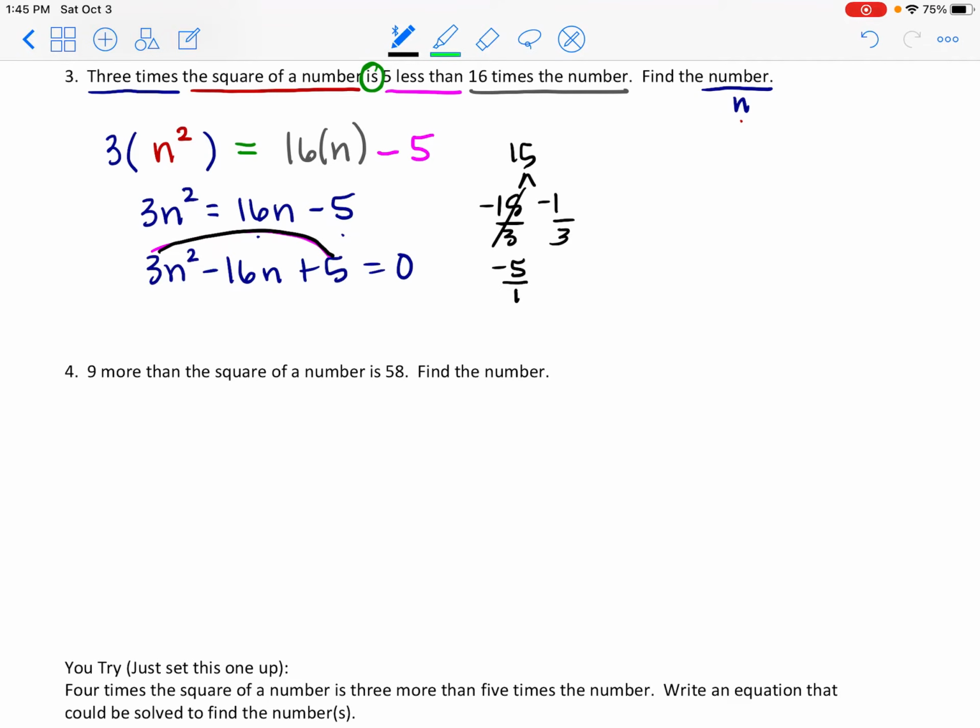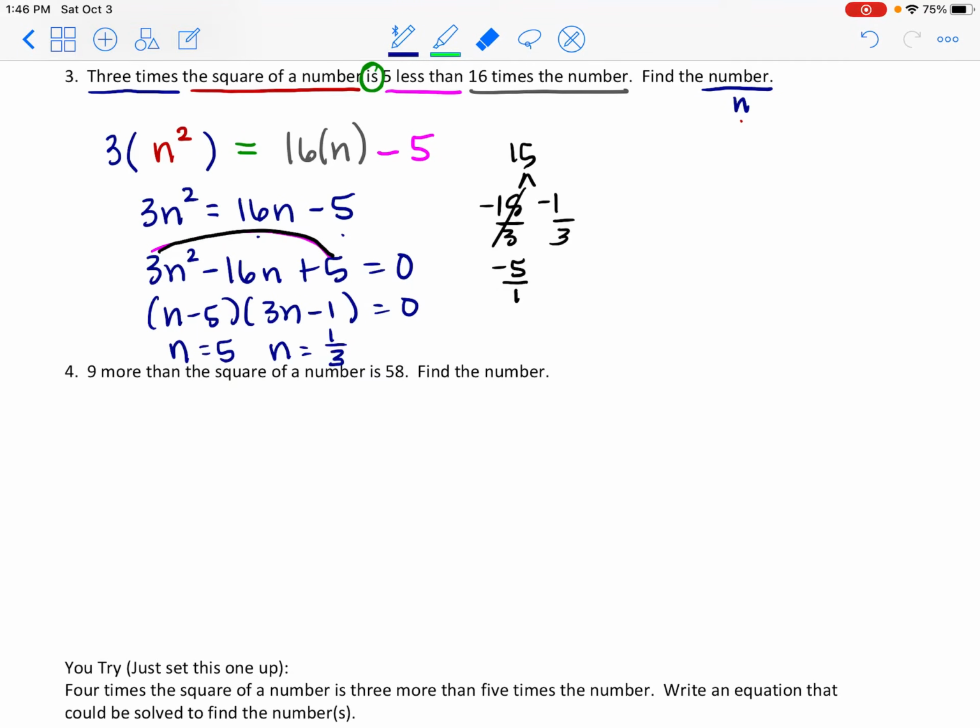And so we have, as our factors, an n minus 5 and a 3n minus 1, which means our solutions are going to be positive 5, and then here we would have to add 1 and divide by 3. And remember, it's the opposite of what we have here and here, so if you wanted a shortcut, you absolutely could. Alright, so we have two solutions here.